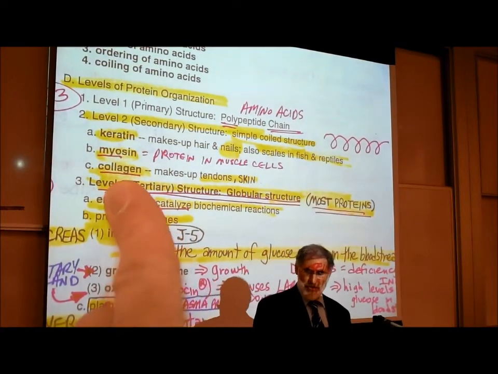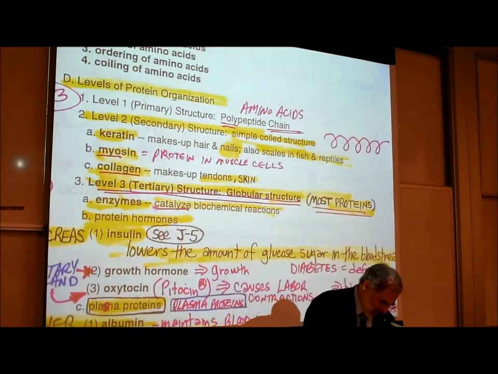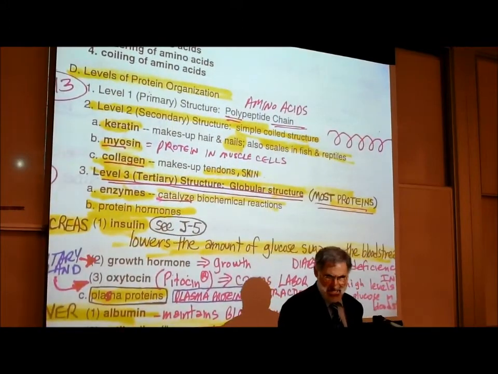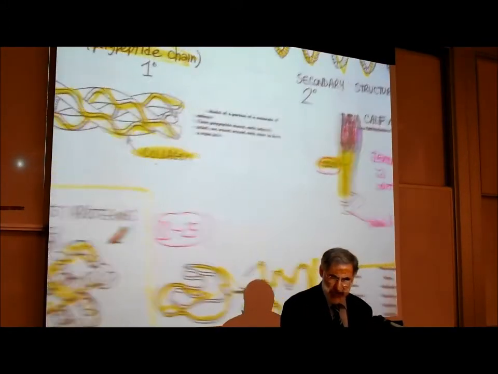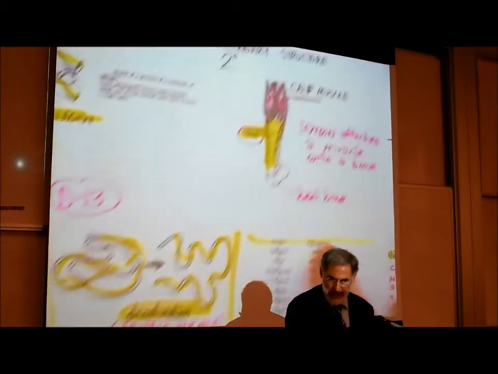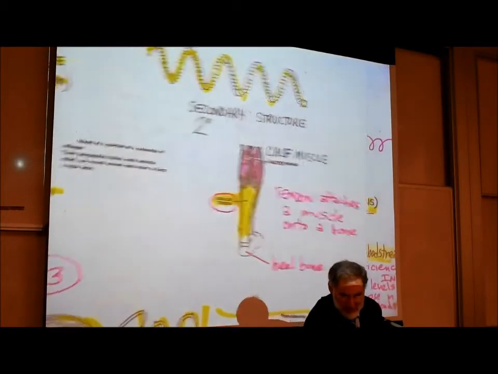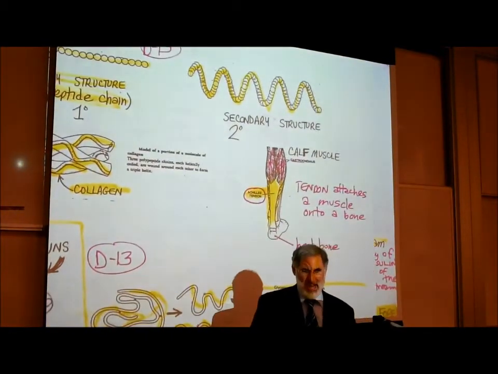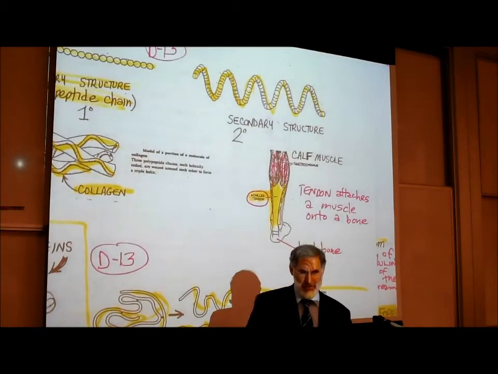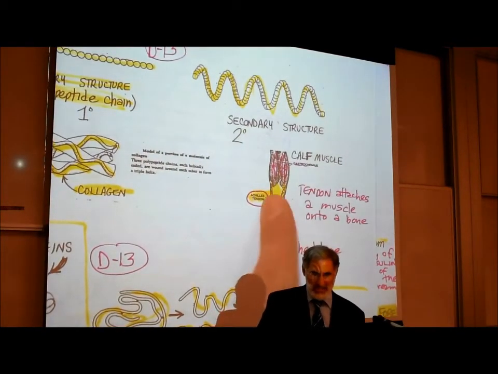Now, to help you understand that a little better, let's return back to page D13. So here's page D13 again. On the right-hand side of D13, it shows a tendon.